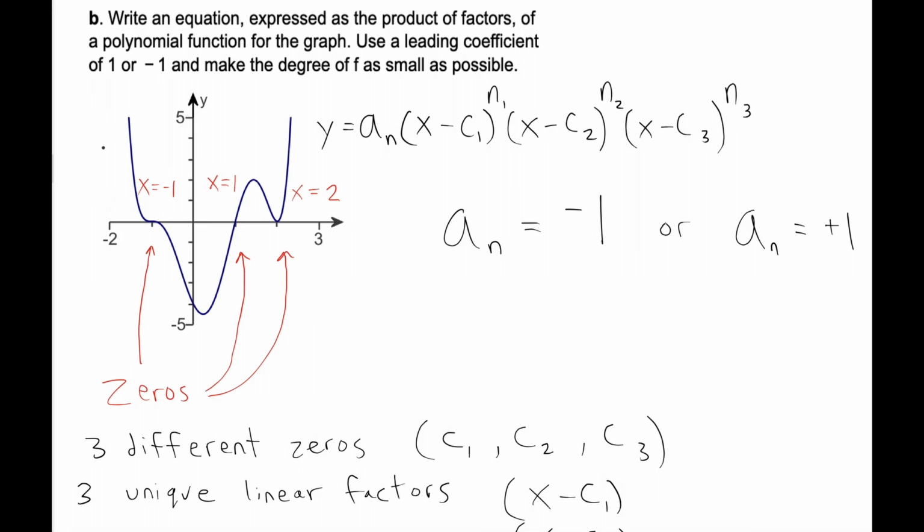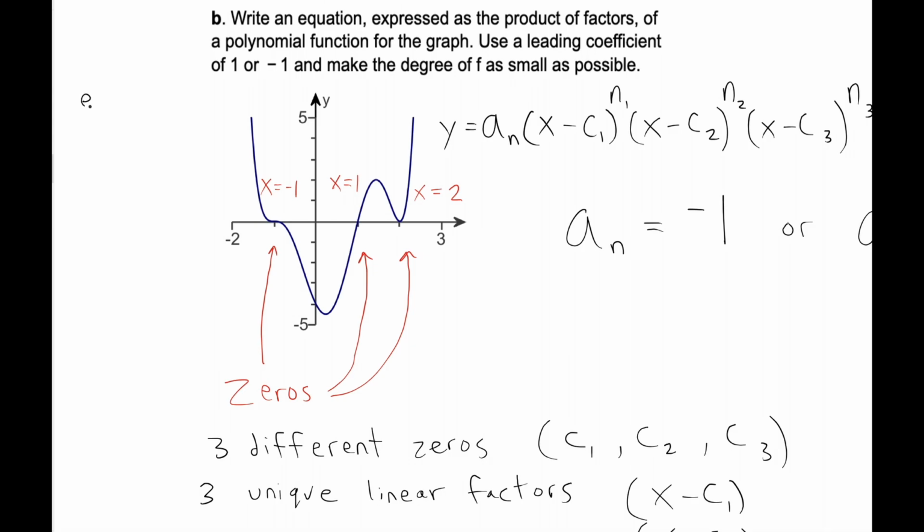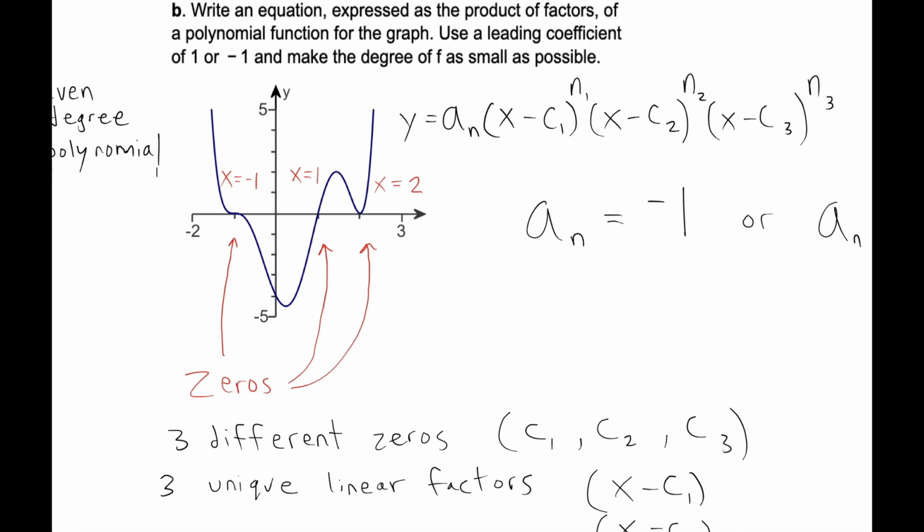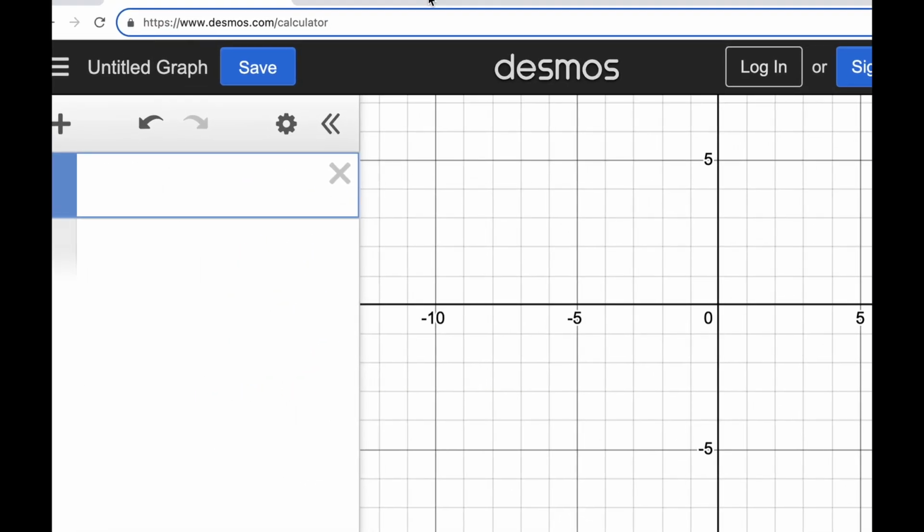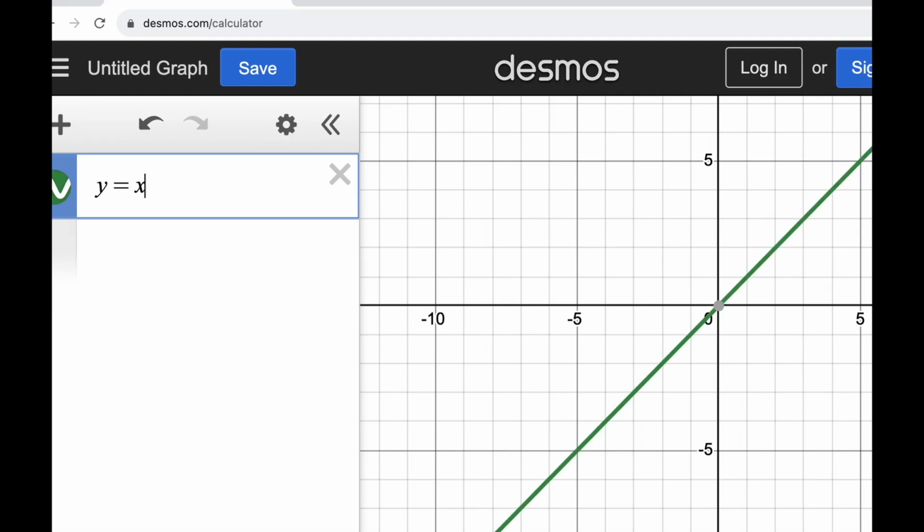Now any polynomial that goes up on the left and right has an even degree. Now why am I saying that? Because if you look at the pattern of polynomials, like y equals x, it goes up and to the right as well as down and to the left.